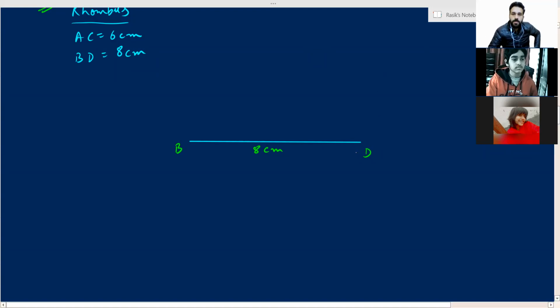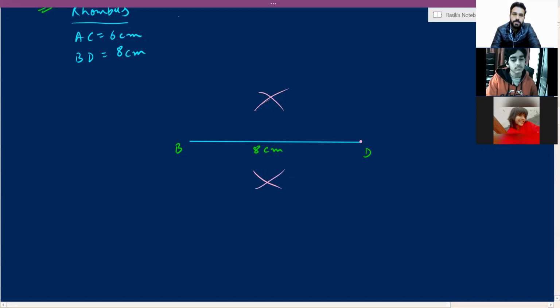Okay. So keep your compass at point D, take any radius more than half of BD. So you can take somewhere near 5, 5.5. So you will get an arc like this, maybe here, and down also. From the vertex D, we have drawn the two arcs, and then from the vertex B, draw two arcs, same radius.